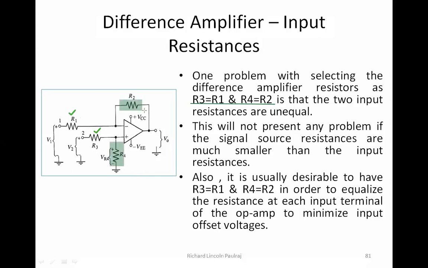R2 is equal to R4, R1 and R3 are the same. If I see in this fashion, what is happening to my input resistances? R1, R3 and R4 are not equal, right? So the resistances are unequal.